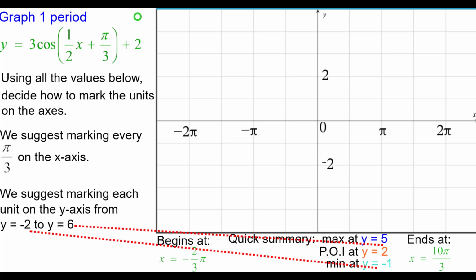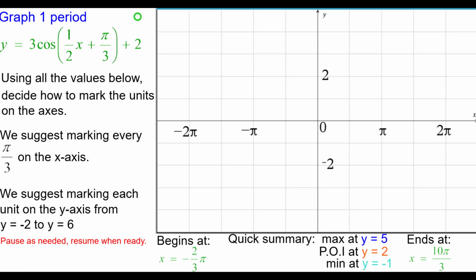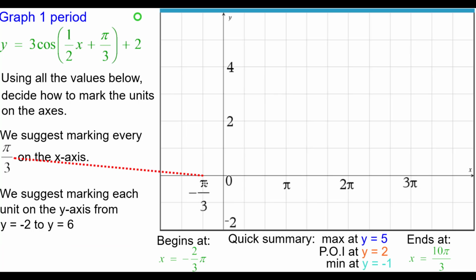We're also going to suggest marking off y equals -2 to y equals 6 in ones along the y-axis. So pause to set up your axes using this information. So here we have it, marking off every pi over 3 here, and from y equals -2 to y equals 6 along the y-axis.